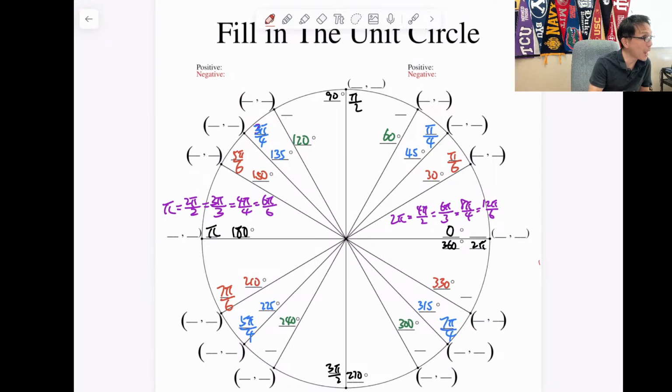You basically just add pi over 6 to here. 6 pi over 6. Okay, Laura, I'm going to give you one more chance. 11 pi over what? Over 6. Good. So now you know all the reference angles. All the red ones have a pi over 6. First quadrant.